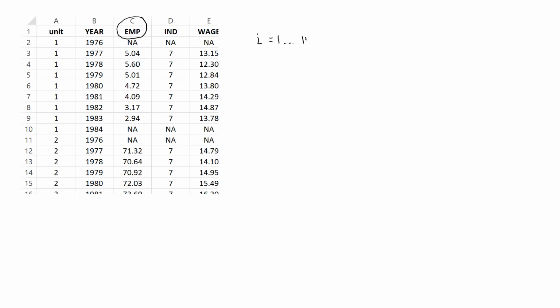For the time, it goes from 1976 to 1984 for each unit, even though the data is unobserved in certain years. So t goes from 1 to 9, where t equal 1 is 1976 and t equal 9 is 1984.